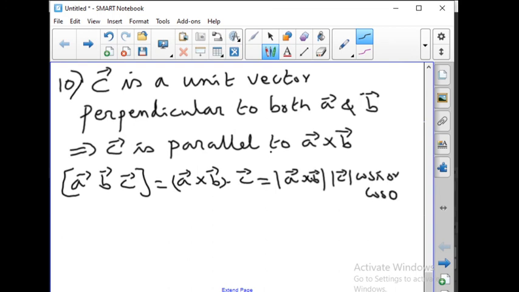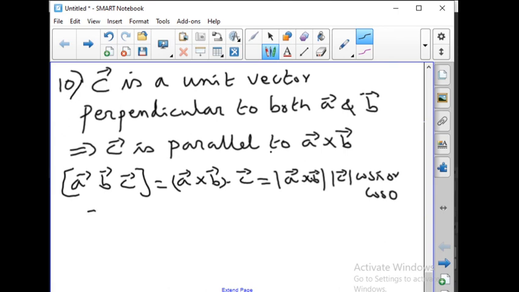Pi and 0 we consider because C vector is parallel to A vector cross B vector. Therefore, the angle between them is either pi or 0, so we take it as cos pi or cos 0.